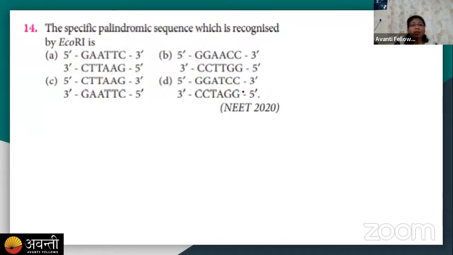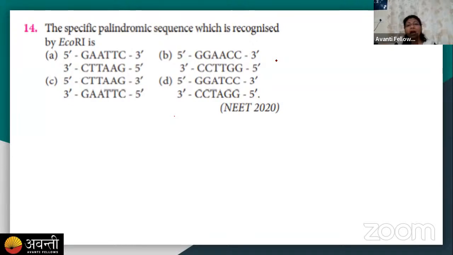Now your next question. In this question, you have to find out the specific palindromic sequence, the sequence which is recognized by the EcoR1.